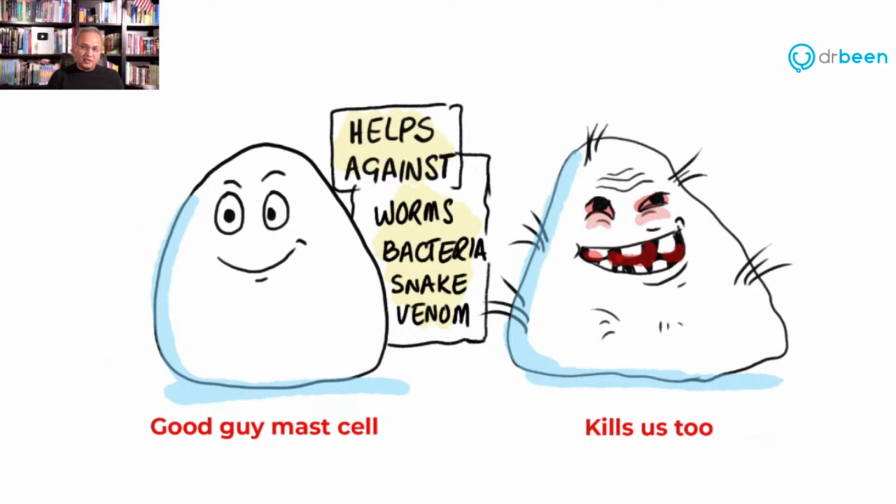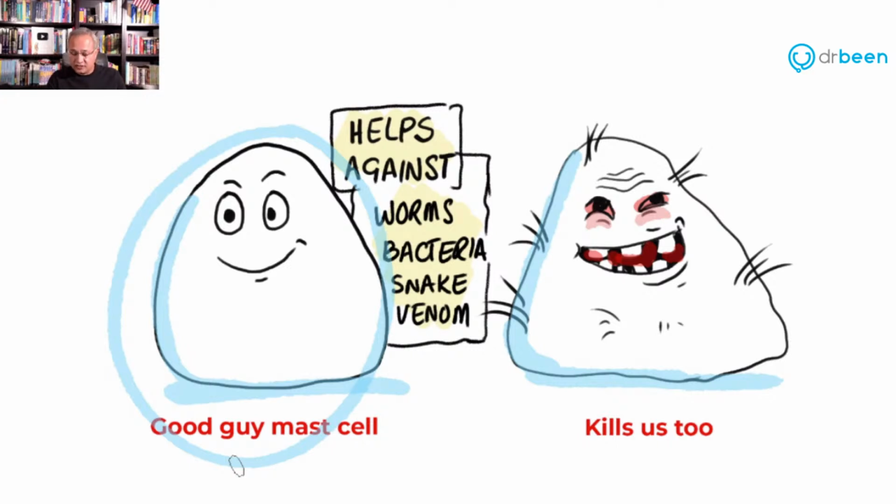Now, one quick thought about mast cells. There are lots of studies, lots of research to figure out why mast cells kill us sometimes. So mast cells are not all that bad. Mast cells are, of course, immune cells. They are sitting there to help us. They help us against, for example, worms. Helminthic infections are usually taken care of by eosinophils and mast cells.